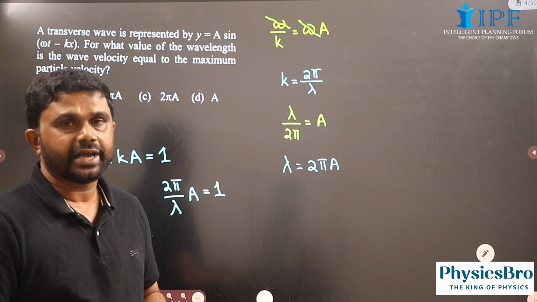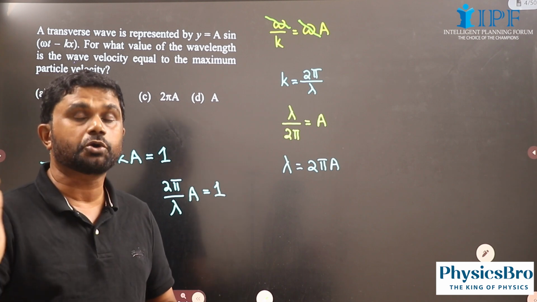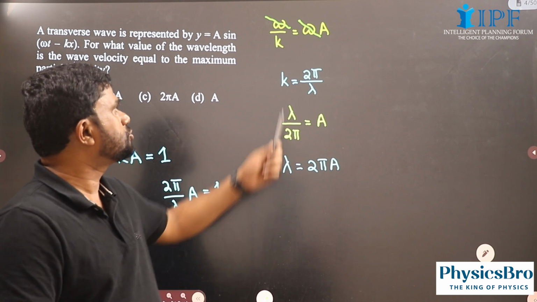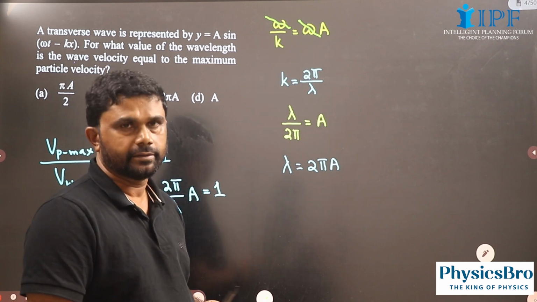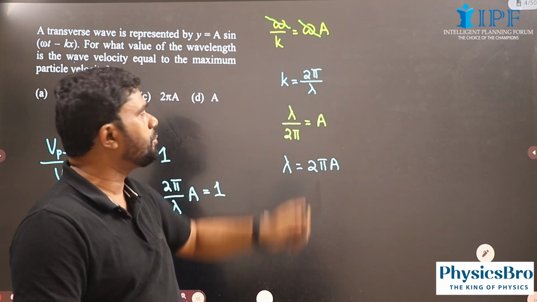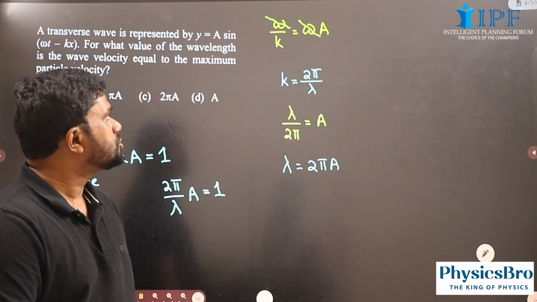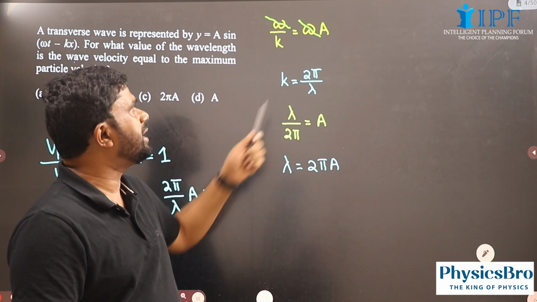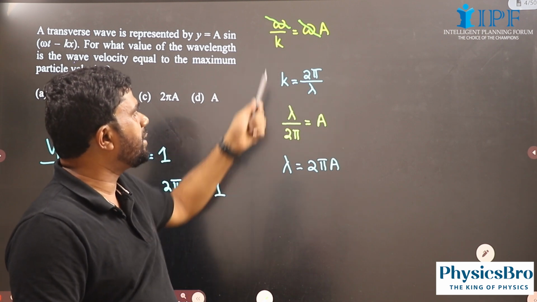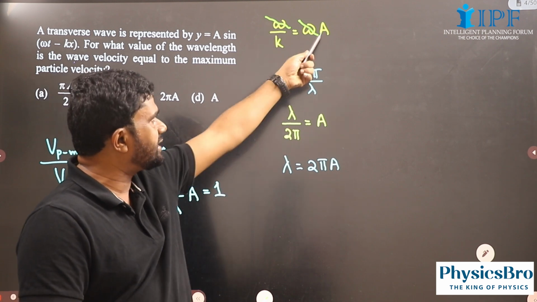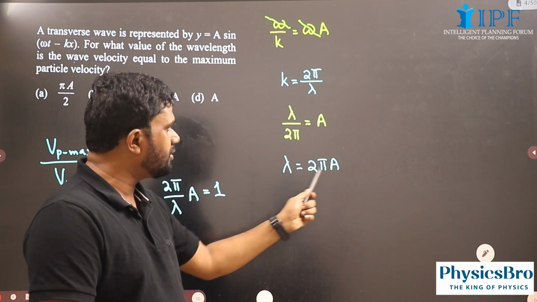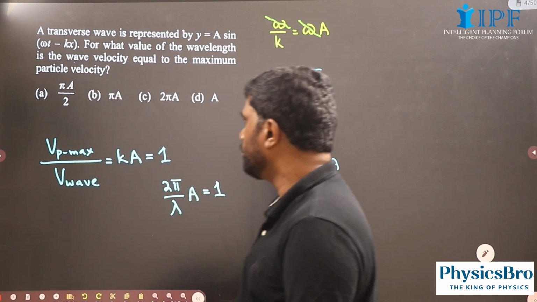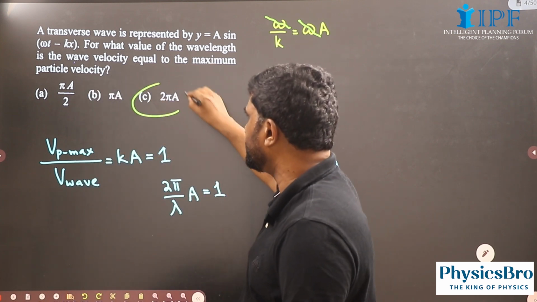Here we have wave velocity equal to maximum particle velocity, so omega by k equals omega a. Omega can be cancelled from both sides. We have k as 2 pi by lambda, so 1 by k means lambda by 2 pi, which is equal to a. So lambda will be 2 pi a.